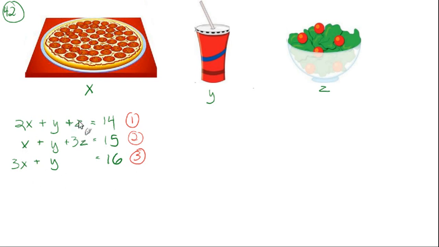If this were a negative 3z, then it would cancel out nicely, so we'll multiply this by a negative 3, which means we have to multiply the whole equation by a negative 3. So negative 6x minus 3y minus 3z equals negative 42.